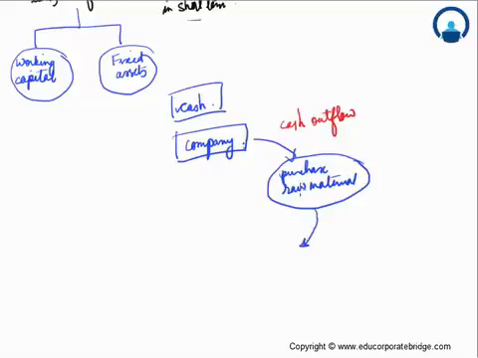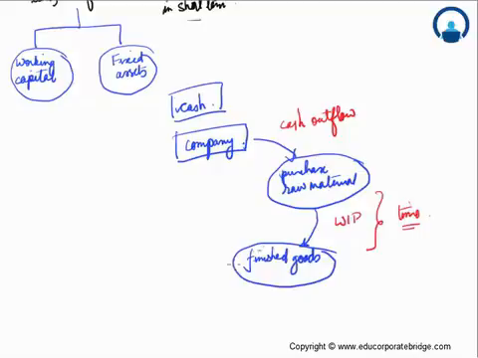Now once the raw material is purchased, obviously this will be processed and converted into finished product. So now we have the finished goods, ready to sell. Ultimately there would be a selling process, and during this selling process there can be two things that can actually take place. One, this selling can be cash selling.